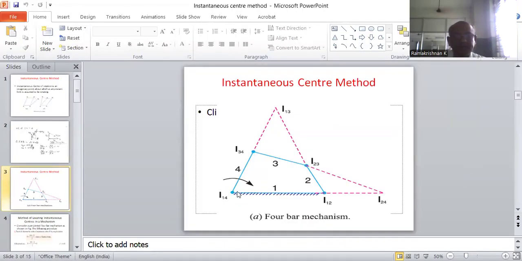Now the I14 is always permanent because the link 1 is fixed. So at all configurations of the mechanism, the I14 lies here only.